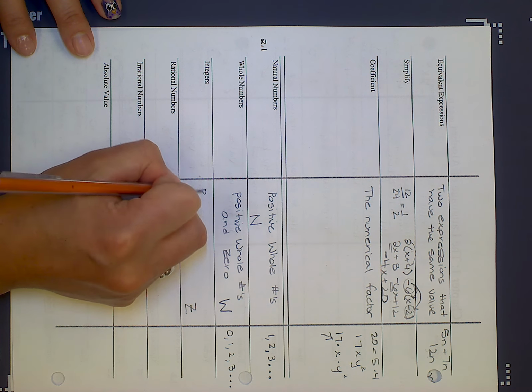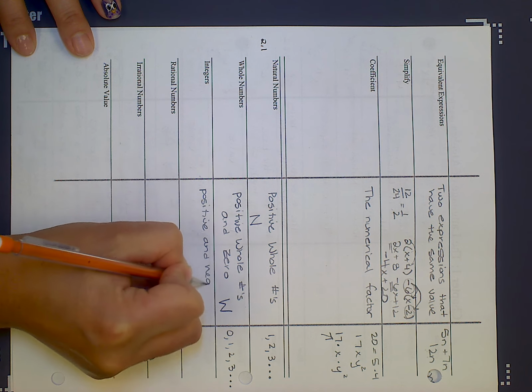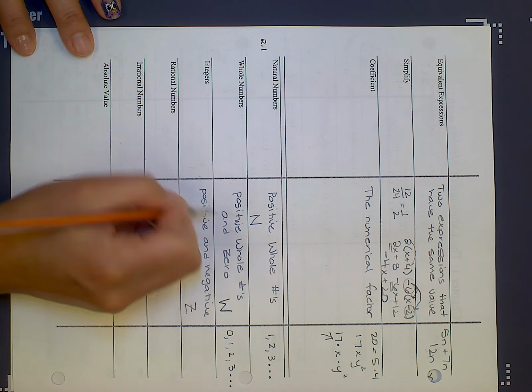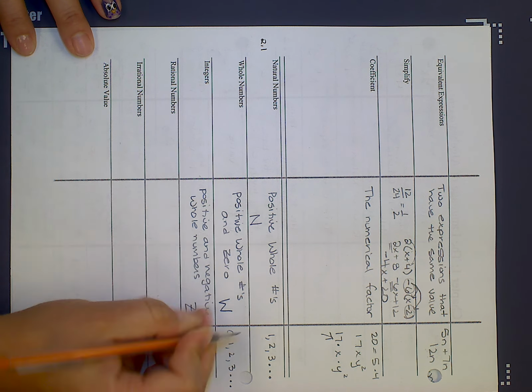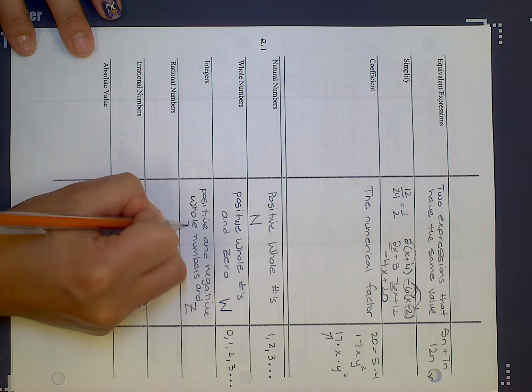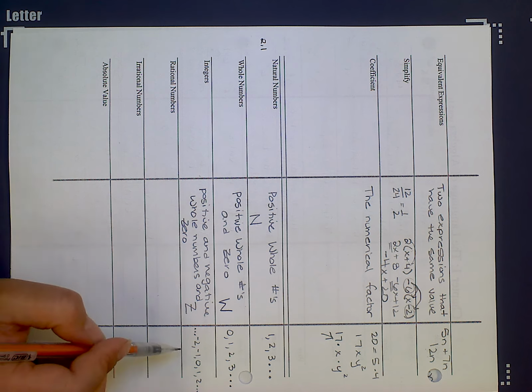So now it's positive and negative whole numbers and 0. So now we've got dot, dot, dot, -2, -1, 0, 1, 2, dot, dot, dot. So we got all whole numbers, but now we include the negatives as well.